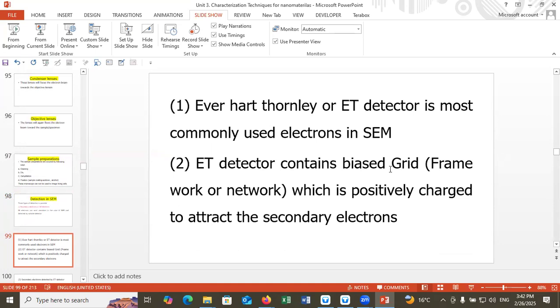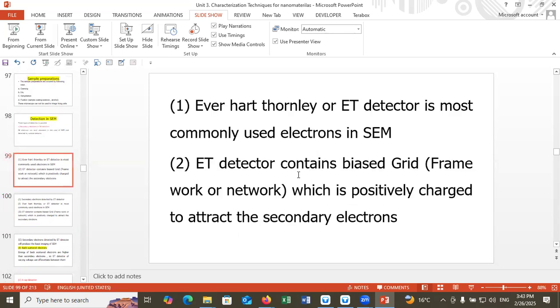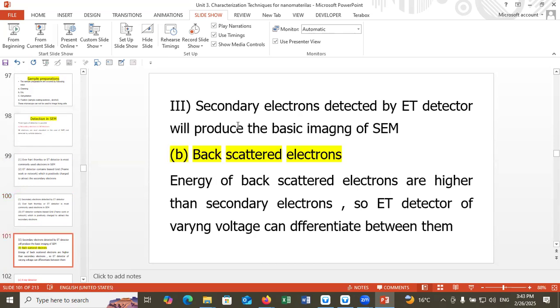The ET detector contains a grid framework network which is positively charged to attract secondary electrons. The secondary electrons detected by the ET detector will produce the basic image of the sample.